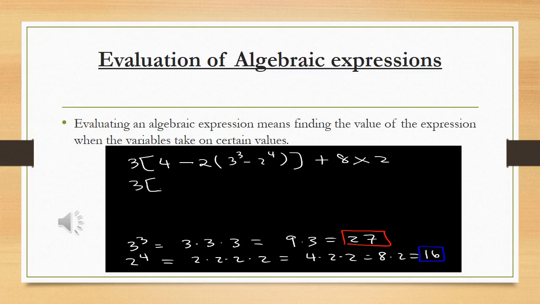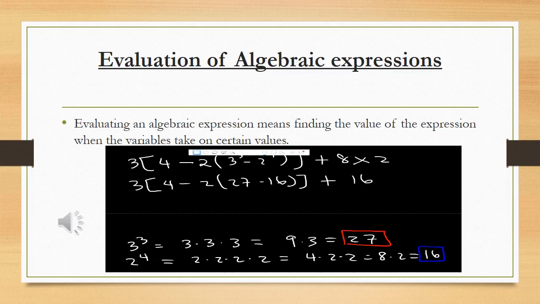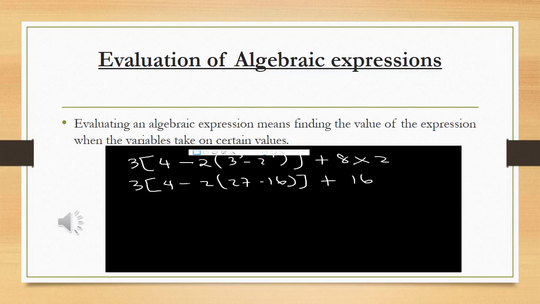So right now, this is the expression that we currently have. So we have 27 minus 16 on the inside. And 8 times 2, we could just go ahead and make that 16. Now, what is 27 minus 16? 27 minus 16 is 11.